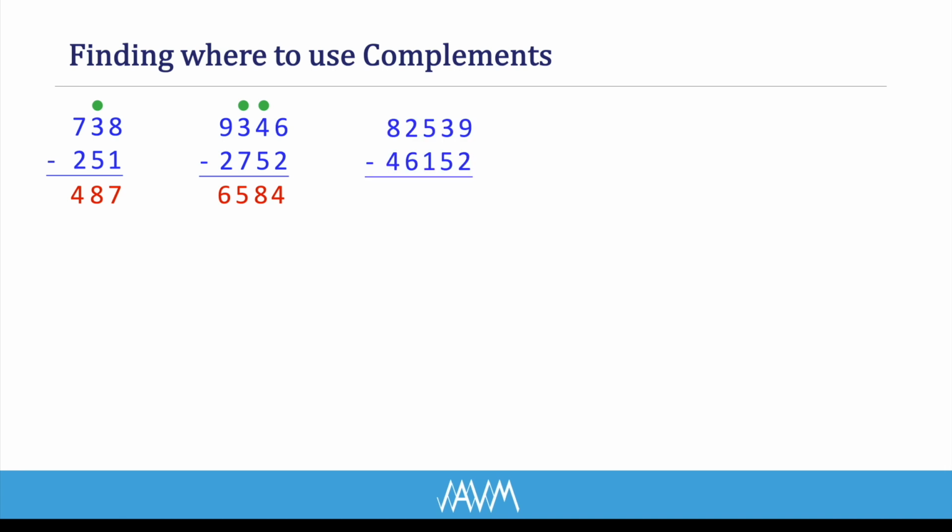Next example. Here we identify the digits where we need complements. 6 is more than 2, so we'll need it here. And 5 is more than 3, so we'll need it here. So working from the left again, 8 minus 4 minus 1 is 3.